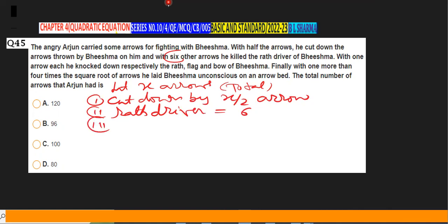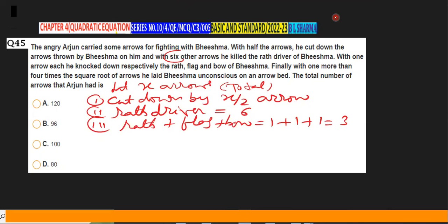थर्ड, with 1 arrow each he knocked down respectively Rath, flag and bow, तो इसका मतलब 1 for Rath, 1 for flag, another for bow, that is 3. 1 plus 1 plus 1, यहाँ पे 3 arrows को काम में लिया.